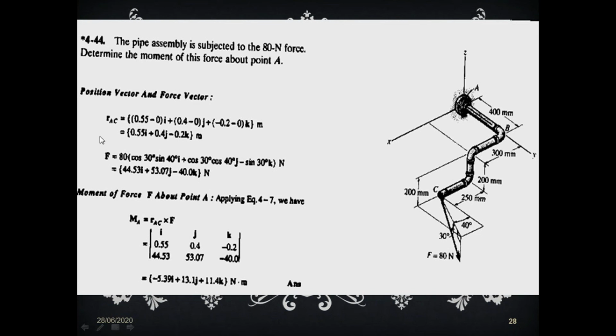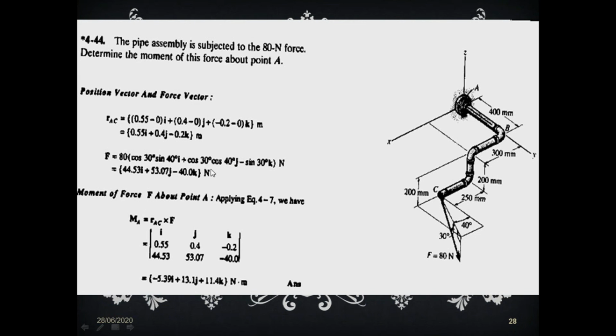This is your force F, and your position vector RAC comes out to be 0.55i plus 0.4j minus 0.2k meter.